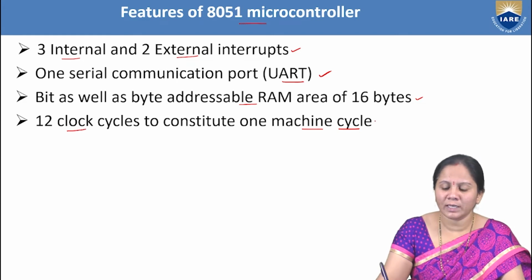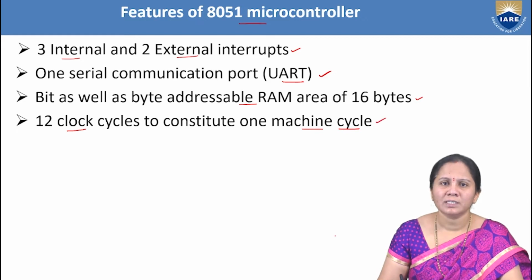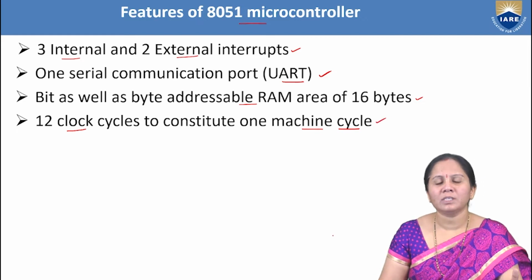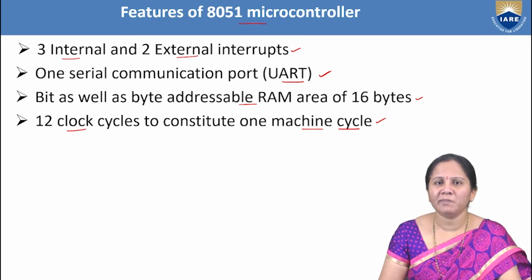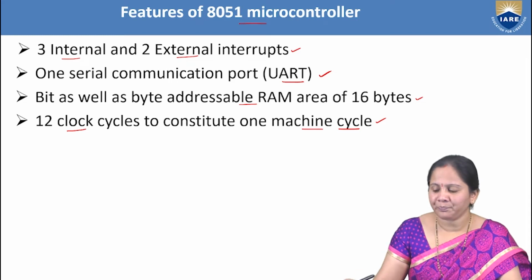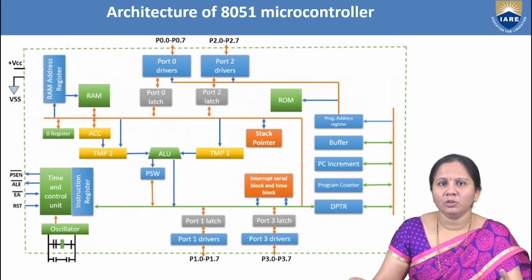The 12 clock cycles to execute one instruction can also be called the machine cycle. These 12 clock cycles are divided into 6 states, and each state consists of 2 pulses, P1 and P2. All those are different features of the 8051 microcontroller.